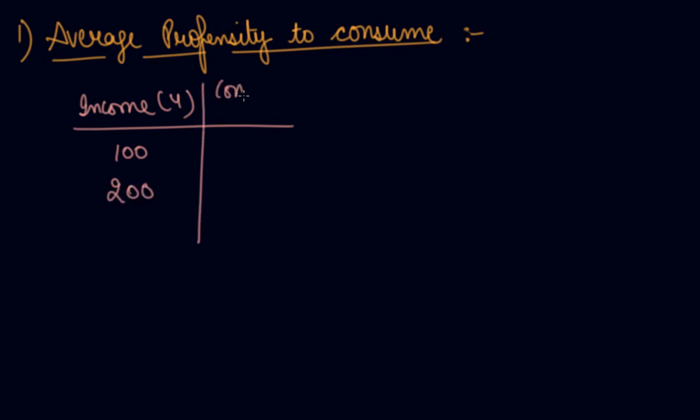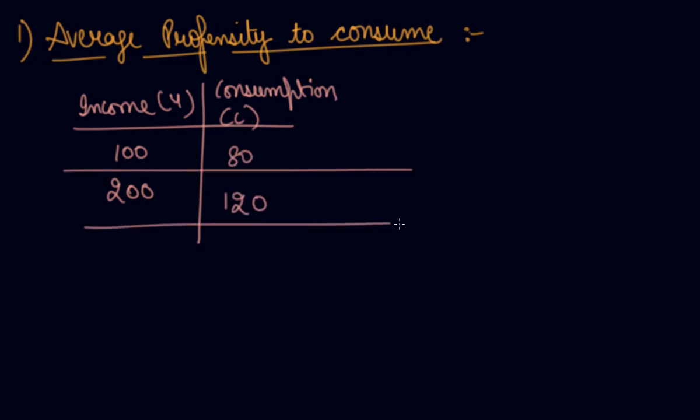Your consumption C is 80 and 120, right? So in this case, it is the ratio of consumption to the particular level of income.